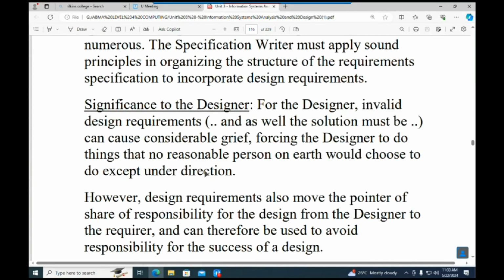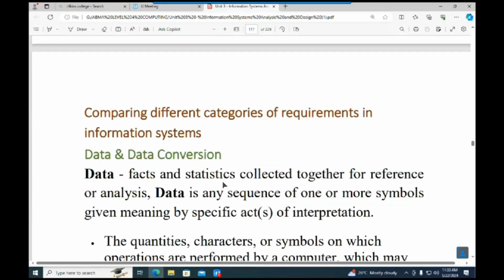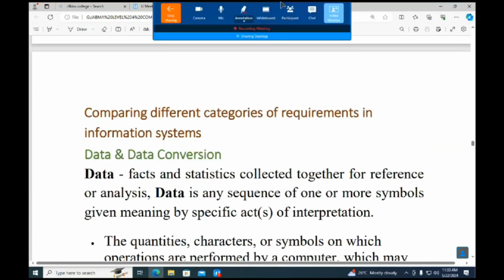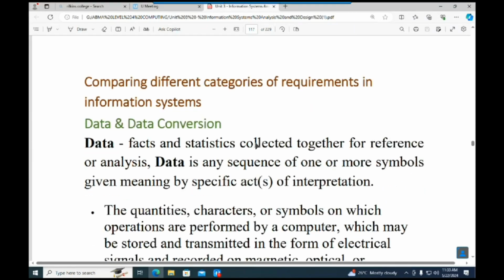So the designer makes decisions based on those requirements, on what to include and what to eliminate. And I'm not going to go so far today.